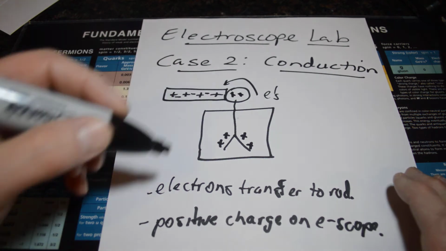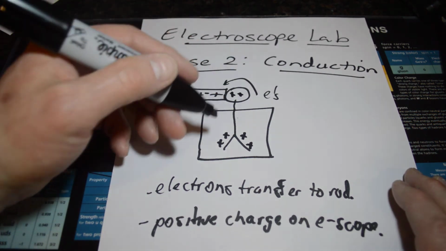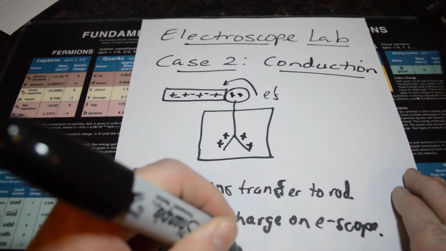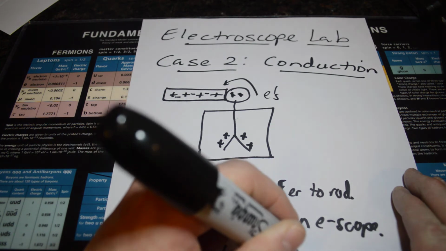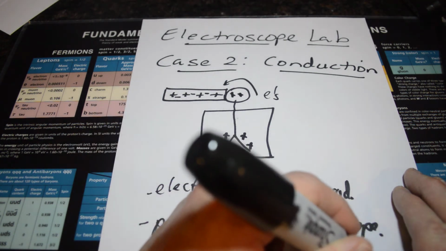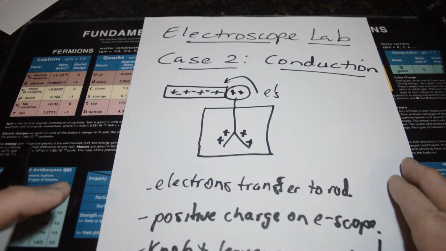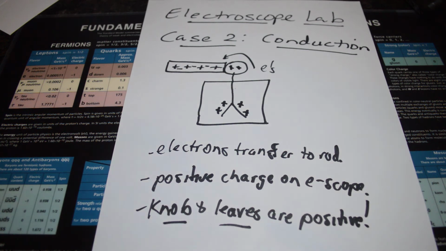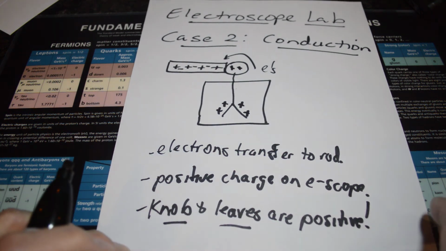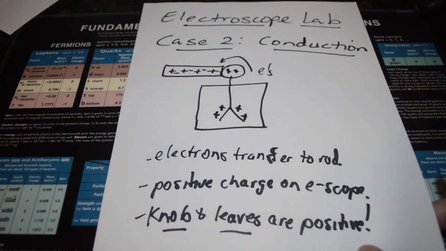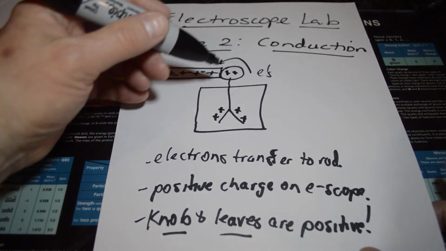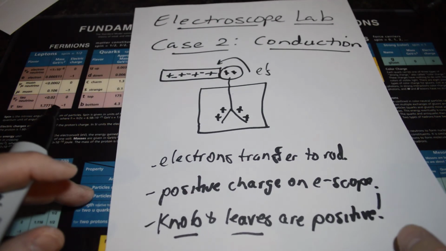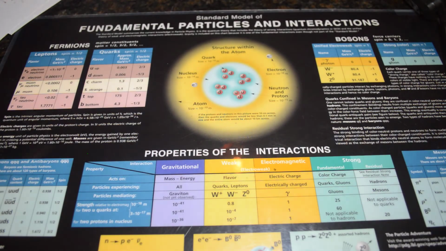So the whole of the electroscope, both the knob and the leaves, are positive. Okay, so if I see that, both the knob and the leaves are positively charged. So case 2 represents conduction of charge. The charges leave to neutralize the rod, thereby leaving the electroscope with more positive charge.